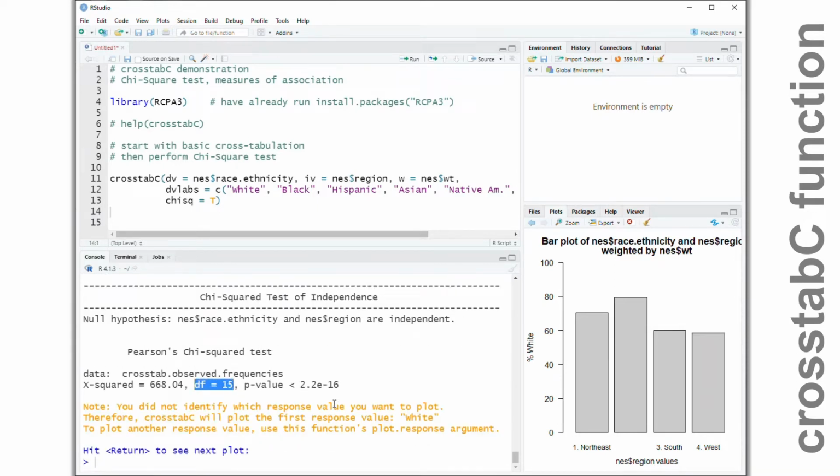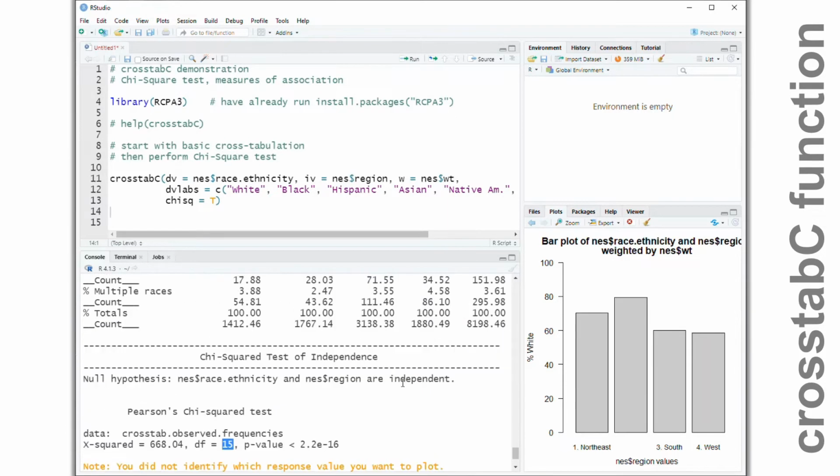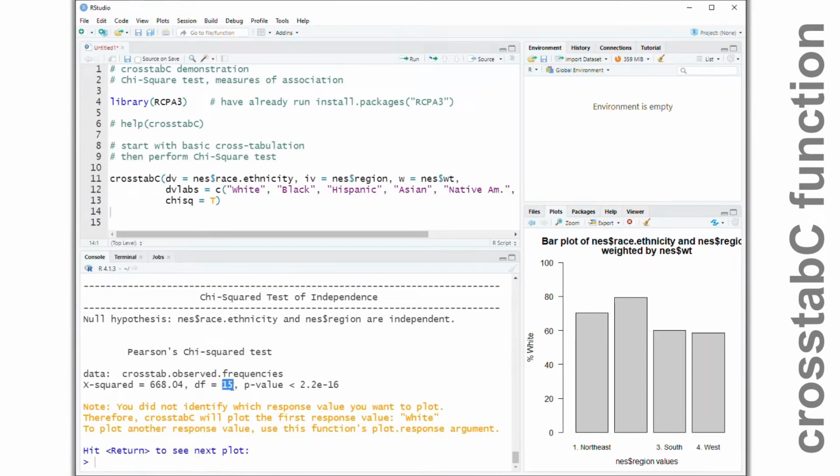The chi-square test statistic, the 668.04 value, is based on 15 independent data points in the cross-tabulation. And this is useful in the chi-square test to give the comparison probability distribution. The chi-square test statistic is compared to a chi-square distribution.